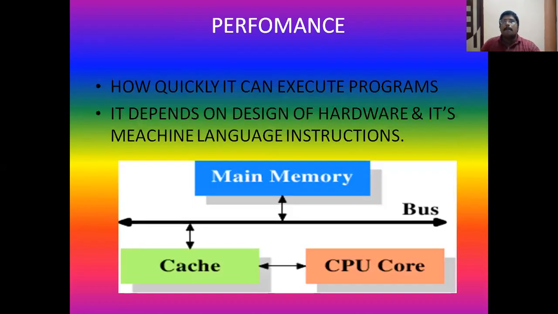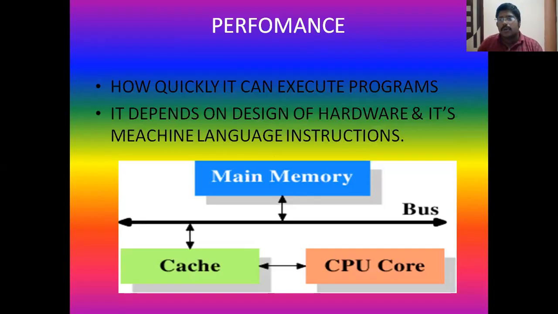Next one, performance. What is meant by the performance of a computer? Before discussing this concept, we need to know the different types of processors that have evolved in recent years, from 2002.